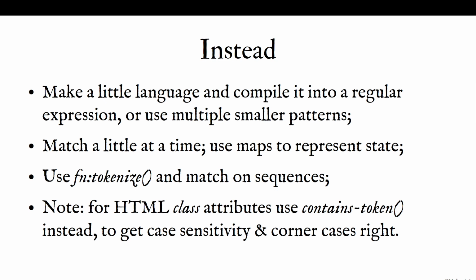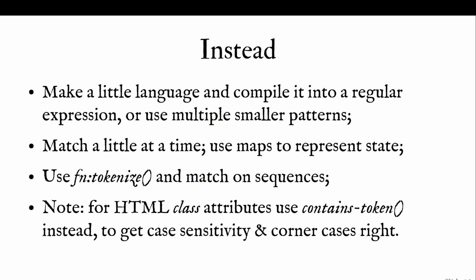I'll explain what I mean about that in a minute. I'm just planting a seed here right now. We can use fn:tokenize and match on the sequence of things that we get back. Note that you can't do that to match a DTD because parameter entities turn into things that are not, it doesn't work.